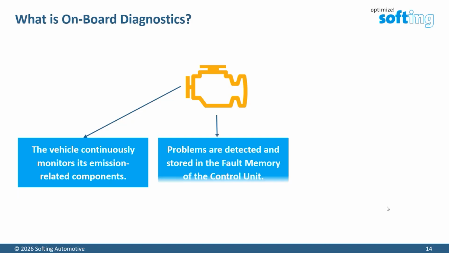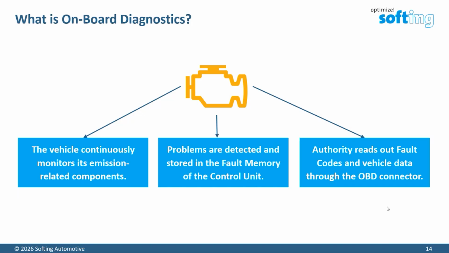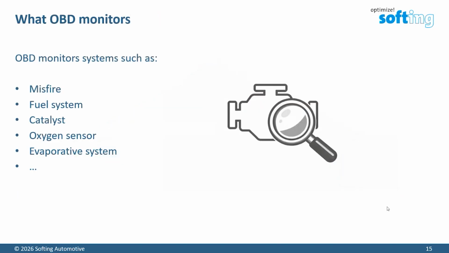If any faults are detected, they are recorded in the fault memory, and this fault memory, along with other data, can be read by a regulatory authority via a defined interface. Here we see a small summary of different systems that are monitored by OBD, which are, for example, misfire, the fuel system, catalyst, oxygen sensor, and evaporative system.